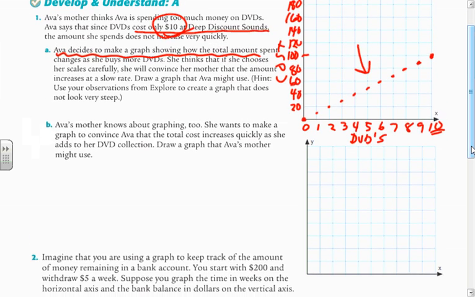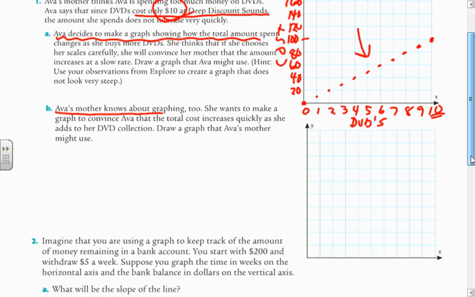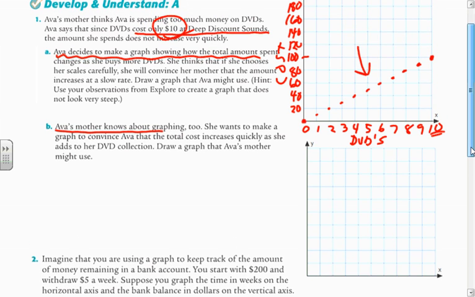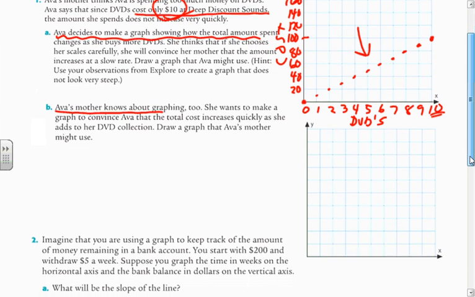Well, Ava's mother knows a little bit about graphing too, because she had Mr. Hermanson for a math teacher who taught her this. And what she's going to do is make a graph to convince Ava that her total cost is increasing rather quickly. Now there's a couple ways we could do this. We could change the variables.